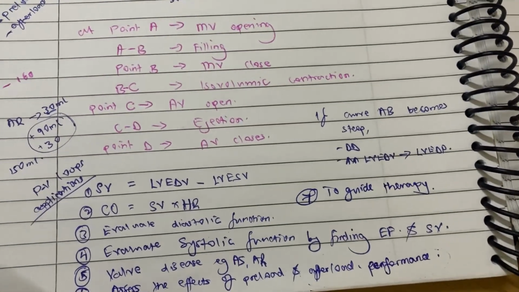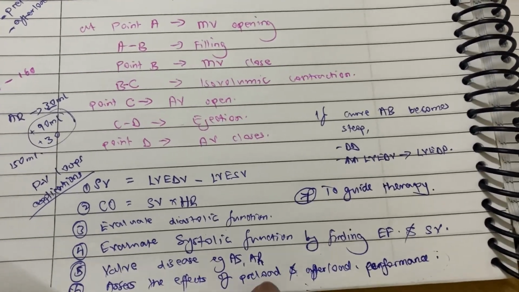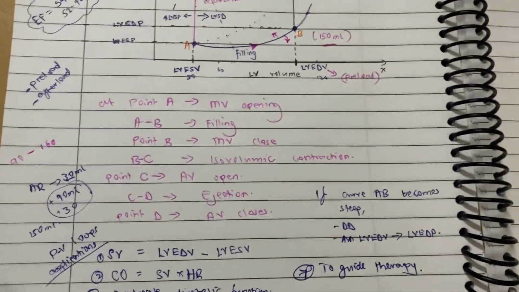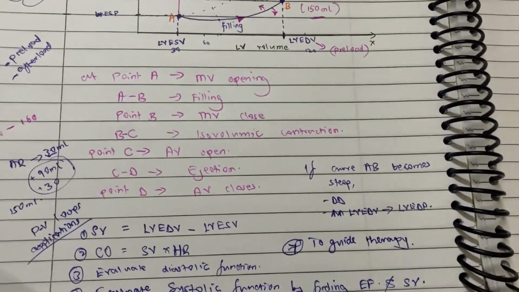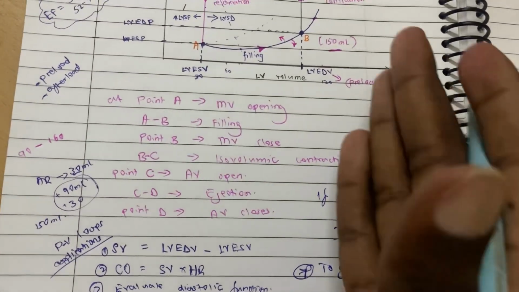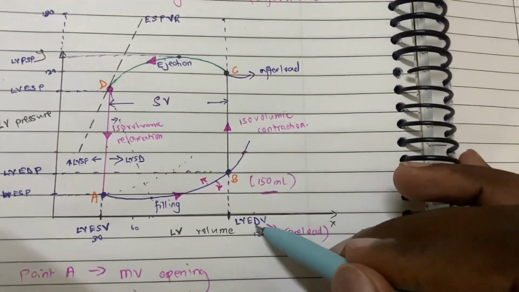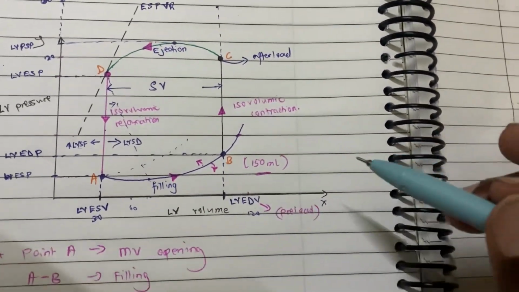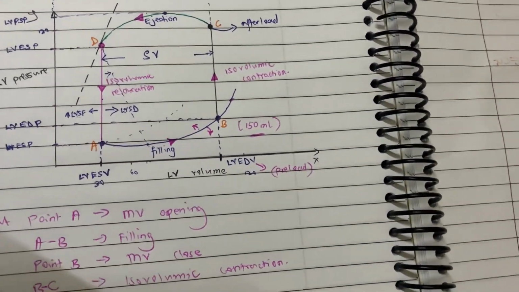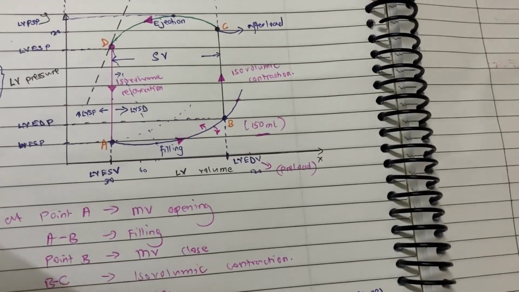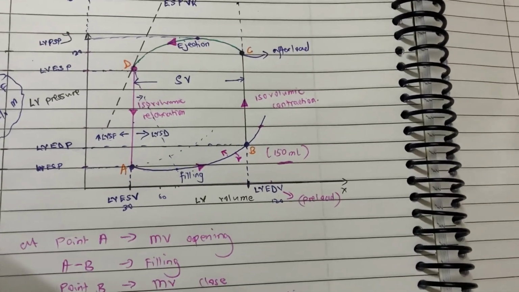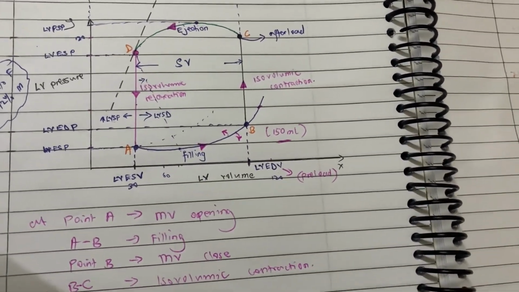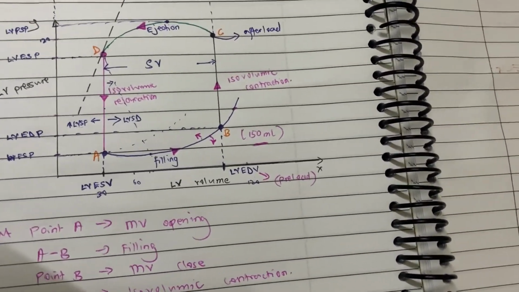If we assess preload and afterload, we can decide whether to give IV fluids. If we see that preload is decreased, that is a decrease in LV EDV, then we can give IV fluids like NS to increase the preload, because cardiac performance can be reduced due to decreased LV EDV.